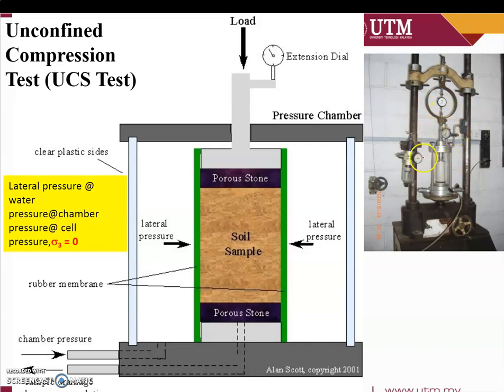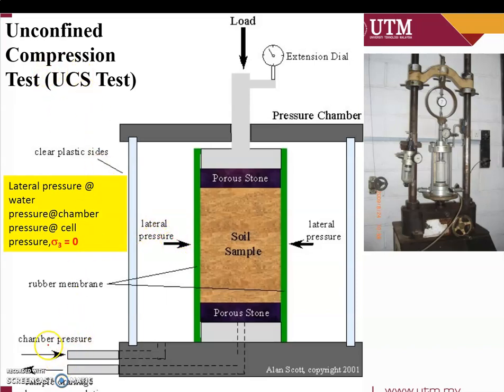Over here and here are the dial gauges to measure the displacement, vertical or lateral. The lateral pressure on the soil in UCS is 0. So we note that the minor principal stress, or lateral pressure, is 0 in the UCS.